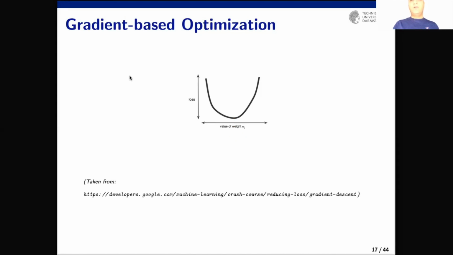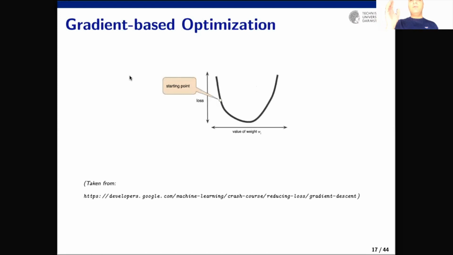Okay, so what we do, we randomly start from some initial values of parameters, or initial value of weight. So in other words, for example, we start this way. We go up and we say, okay, here is the value of the loss. So here is L1, and here is W1.